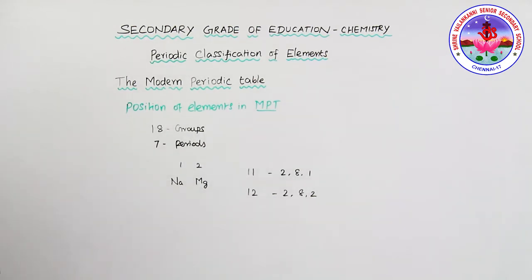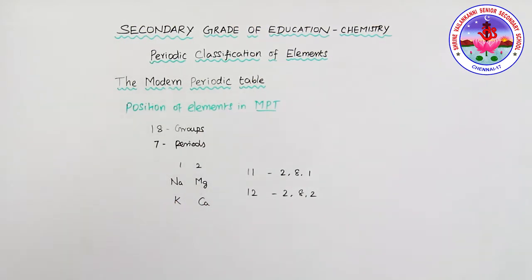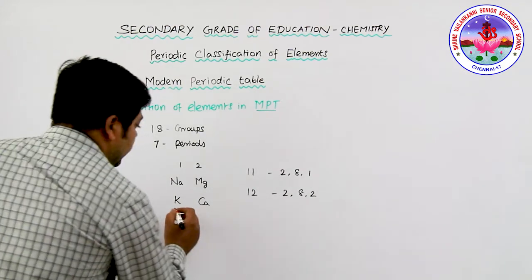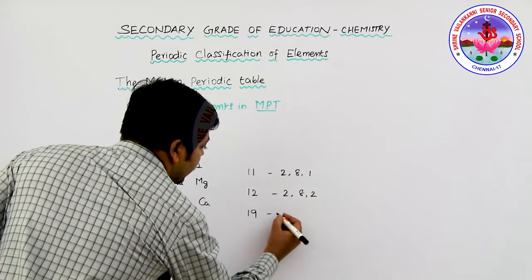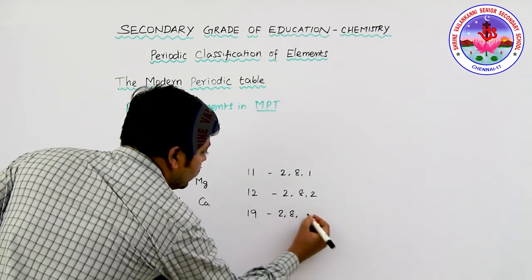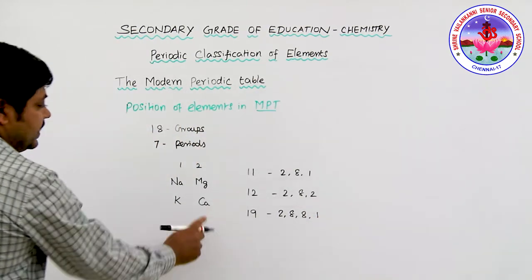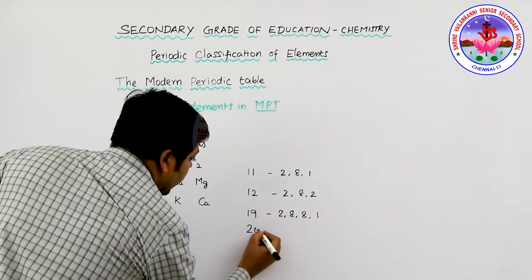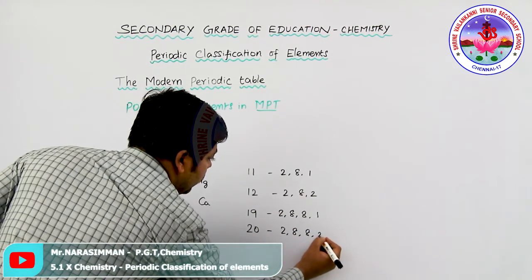Similarly, suppose you take potassium and calcium for these groups. Potassium has atomic number 19, so the electronic configuration will be 2, 8, 8, 1. Then calcium has atomic number 20, so 2, 8, 8, 2.